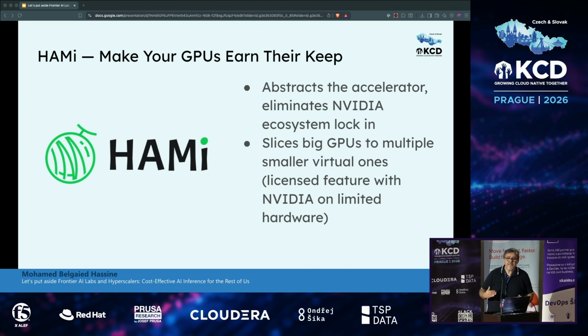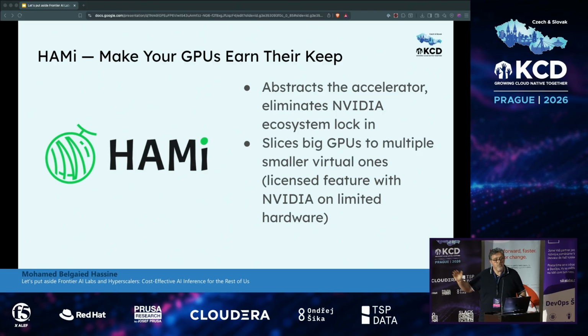So it abstracts the way that deployments on Kubernetes will call out the accelerators so that you don't specifically depend on NVIDIA, you don't specifically need data center grade GPUs of NVIDIA.